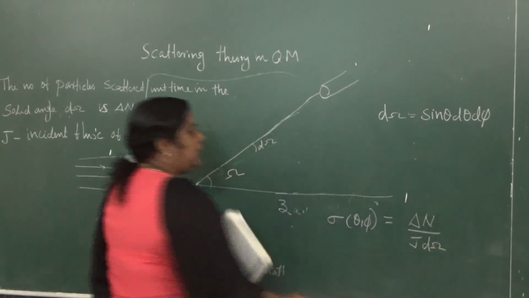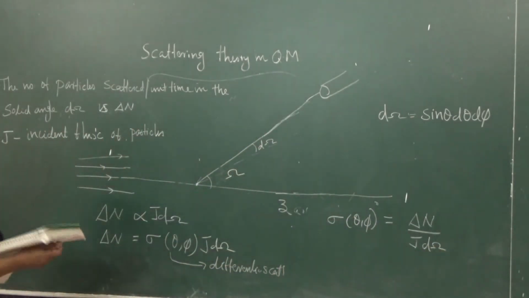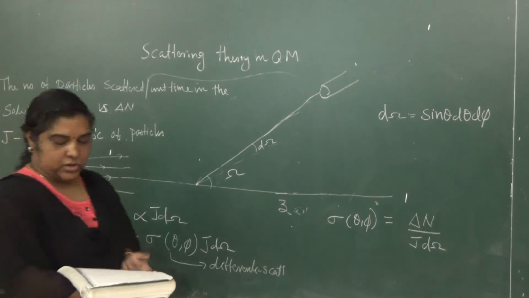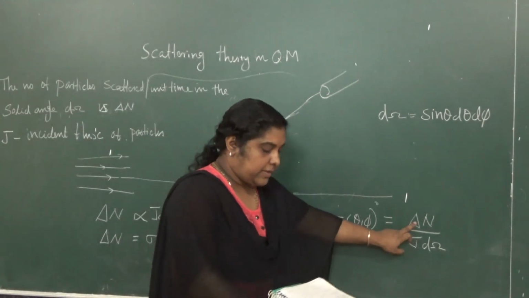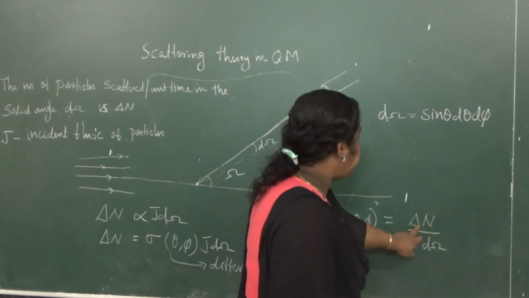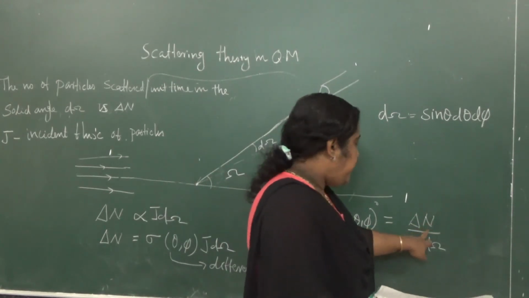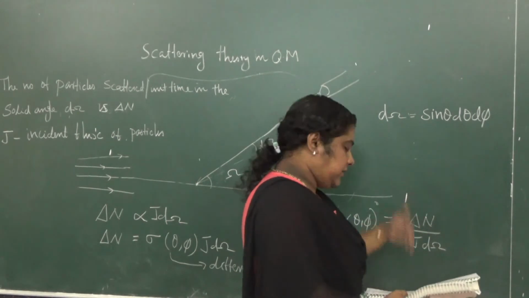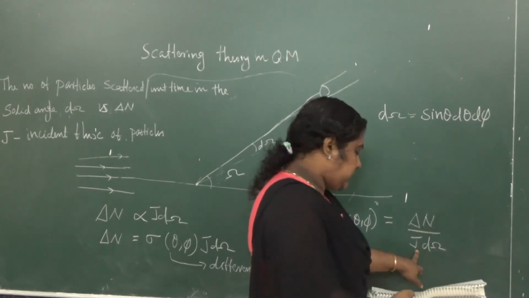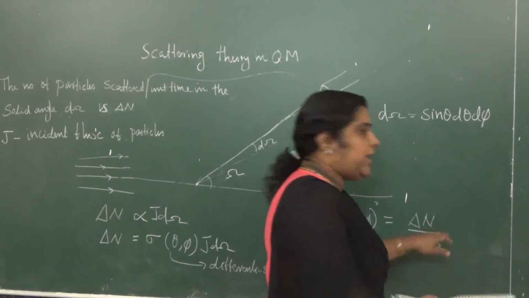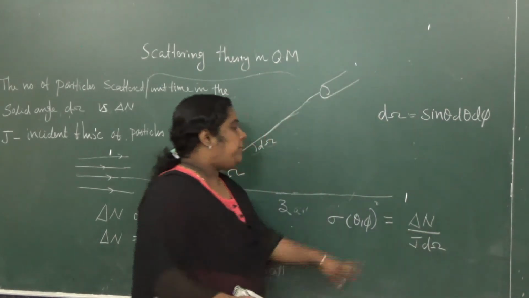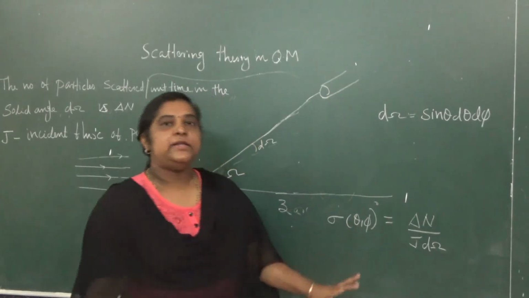That is the number of particles scattered per unit time per scattering center per unit incident flux per unit solid angle.